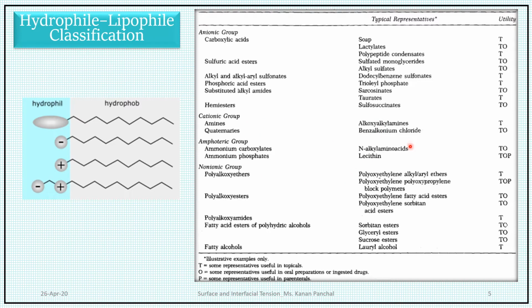So lecithin from the amphoteric category and the polyoxyethylene polyoxypropylene type of surfactants from the non-ionic category are usually used for parenteral preparations. The others can be used for topical as well as for oral. So please take a note of this.